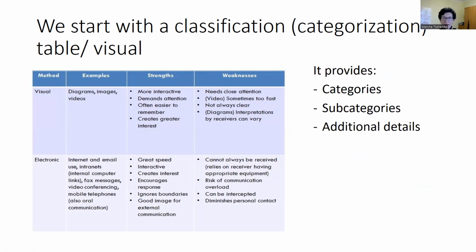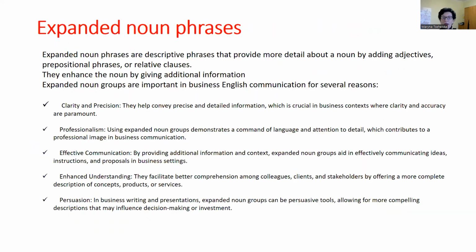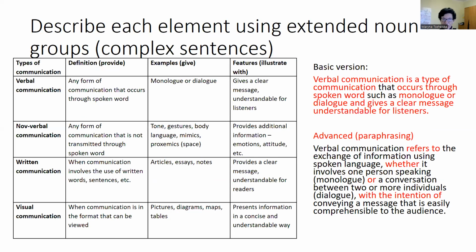So once again, today we talked with you about expanded noun groups. They are long sentences, complex sentences that allow us to persuade the listeners and to sound more professional.